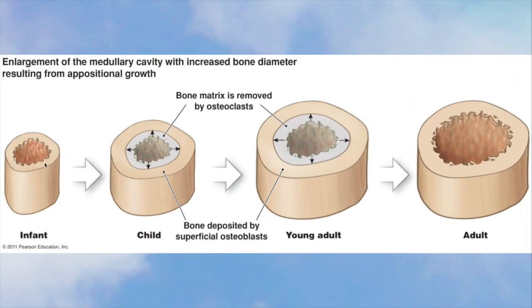So if we look, here's how you start out as an infant, and more bone is added on the outside by osteoblasts. Meanwhile, this bone on the inside is being broken down and absorbed by the osteoclasts. And as you get older, that bone is totally replaced. And even as an adult, your bone continues to be replaced and remodeled.